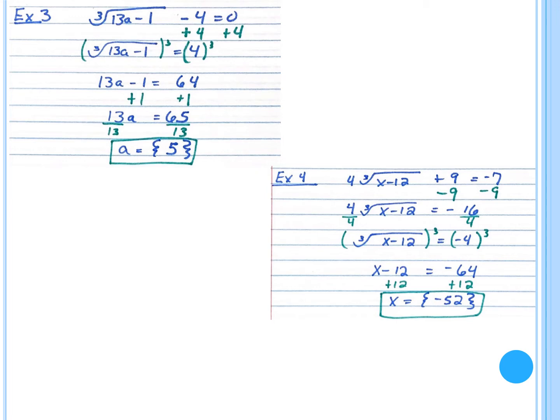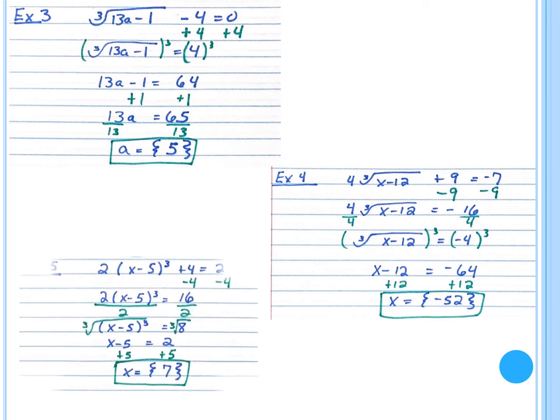And then finally, on example 5, I had to isolate the parentheses cubed, so I had to subtract 4, then divide by 2. Once I got the parentheses cubed by itself, I took the cube root of both sides, and that left me with x minus 5 equals 2, and I added 5 and got x equals 7.